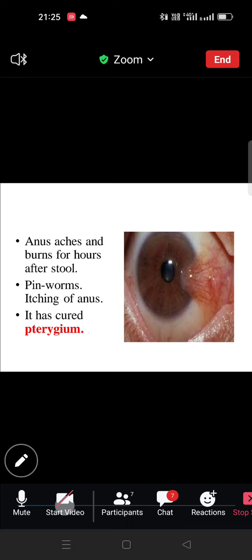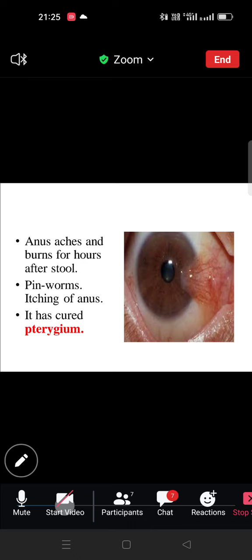But if you are talking about the splinter, then we can correlate with one medicine, that is Nitric acid. We can prescribe Nitric acid on the basis of symptom.